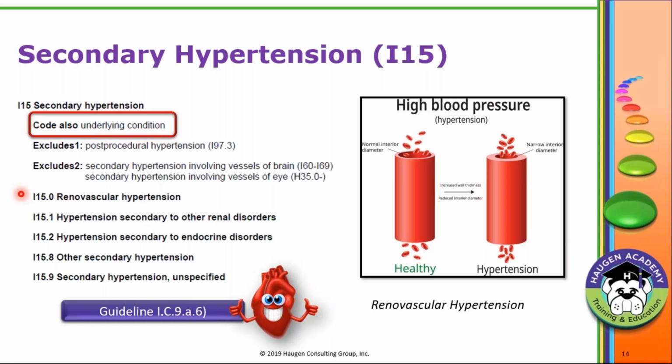However, this is the case where the renovascular disease, a narrowing in your renal artery, is causing hypertension. So in hypertensive CKD, we have hypertension that causes the kidney disease. This is kidney disease causing the hypertension. And in these patients, a lot of times they may be seen in a cath lab.